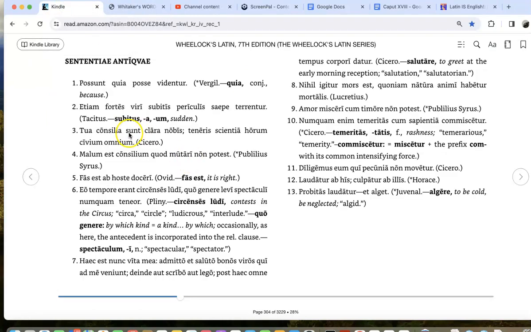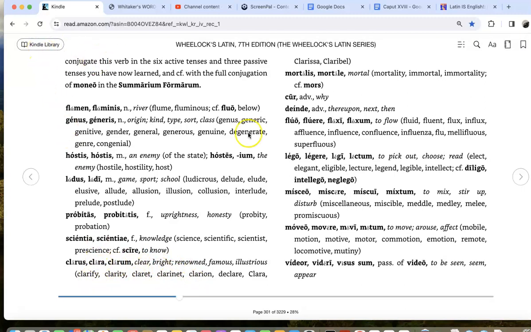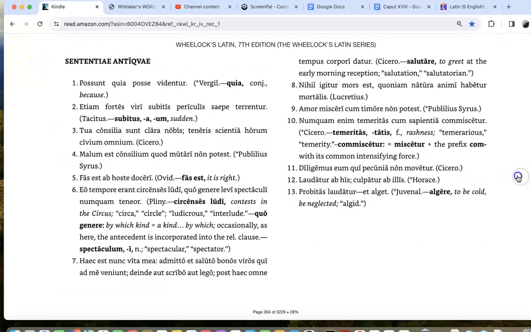But then sunt is are, and then clarae nobis. Clarus, I believe, is one of the vocabulary words. Clear, bright, renowned, famous, illustrious. I think clear in this case makes the best sense. And again, these are all words in English that come from that. Nobis is the dative form of we, so to us.